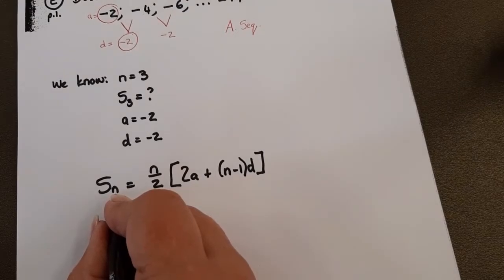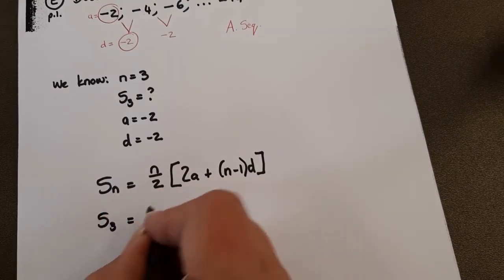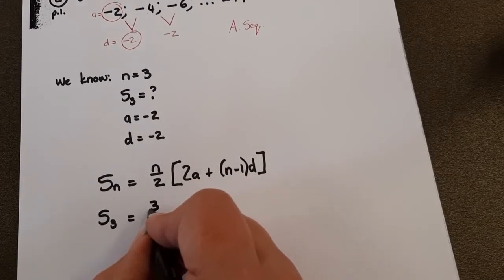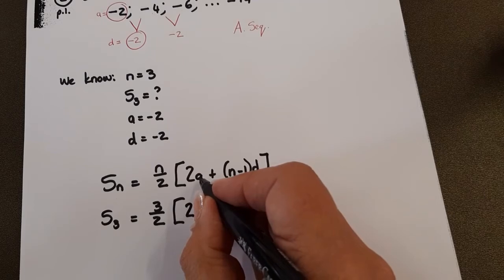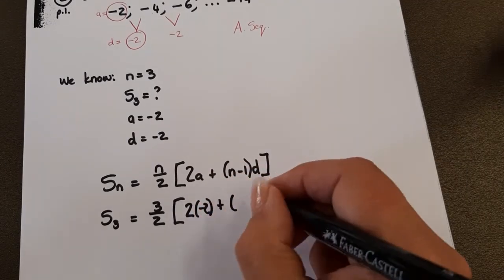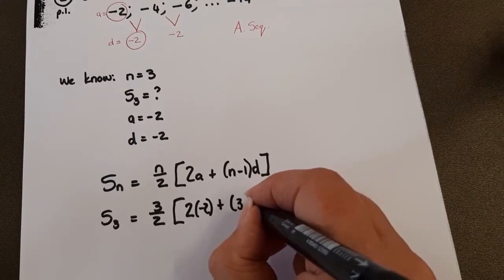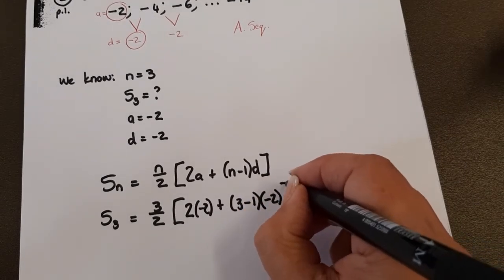The n is 3, so we have the sum of three terms equals 3 over 2 times (2 times a, which is minus 2, plus (n is 3 minus 1) times d, which is minus 2).